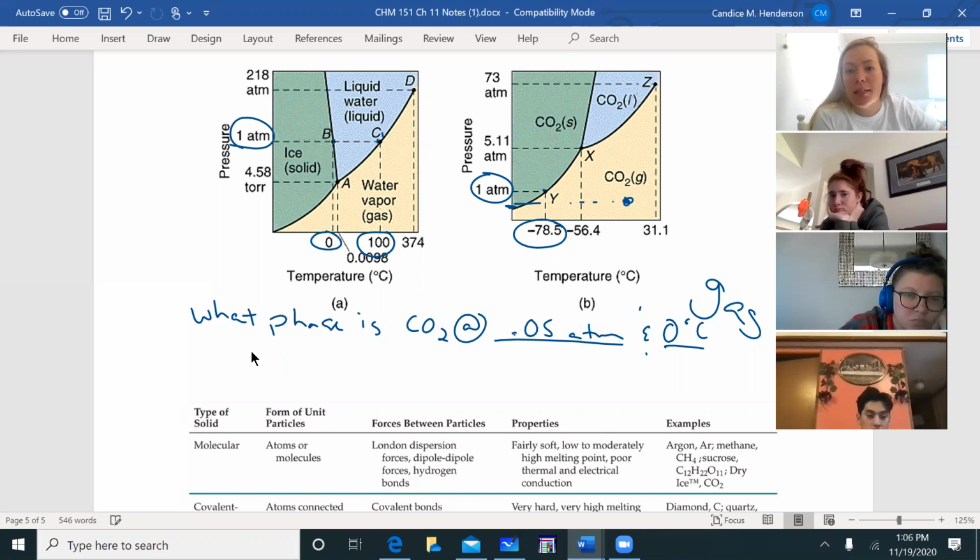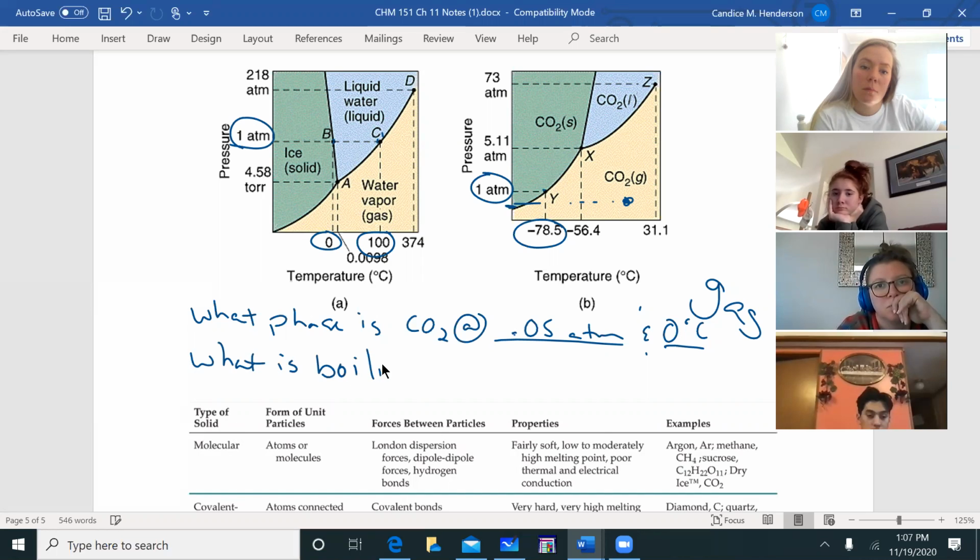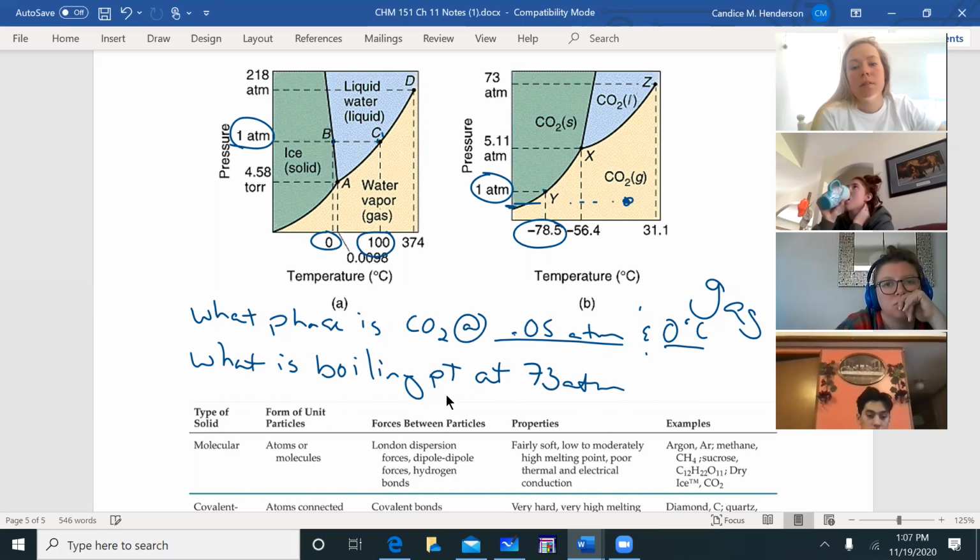Ask yourself, what is the boiling point of CO2 at 73 ATM? Okay, so 73 ATM is actually already marked for us here, and we've got our dotted line.